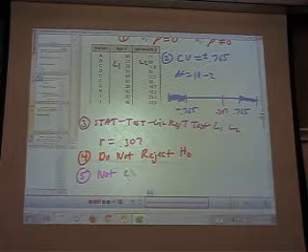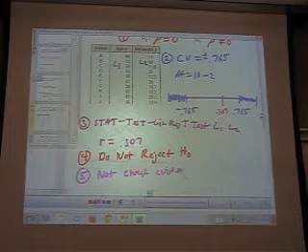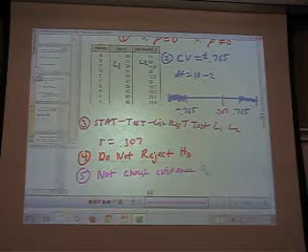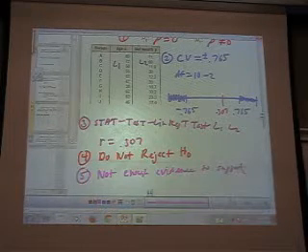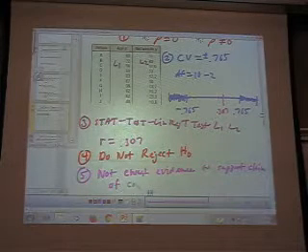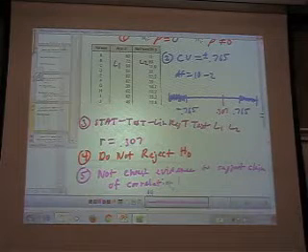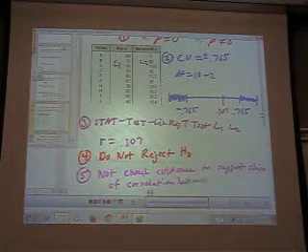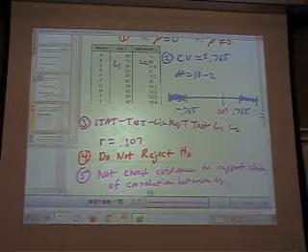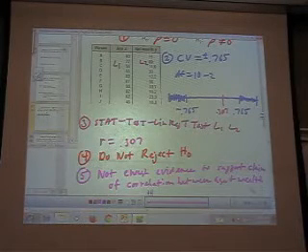Not enough evidence to support the claim of correlation between age and wealth. Good? Okay, great.